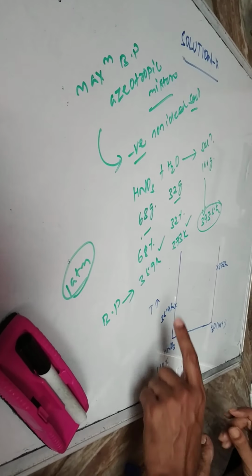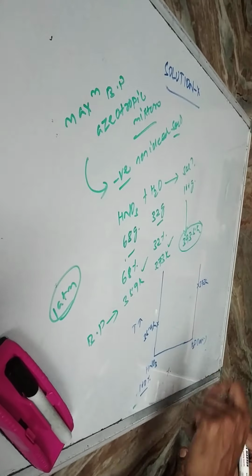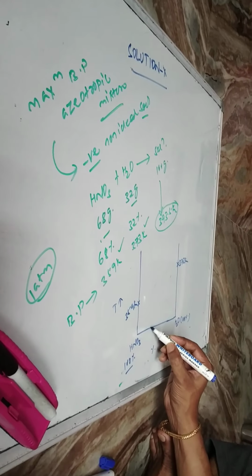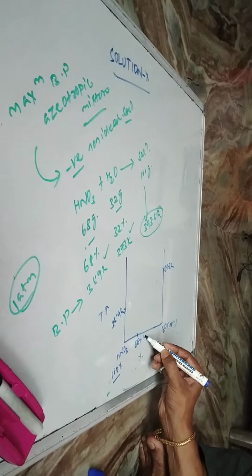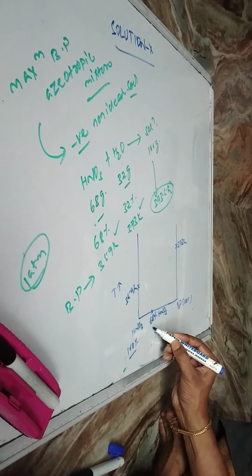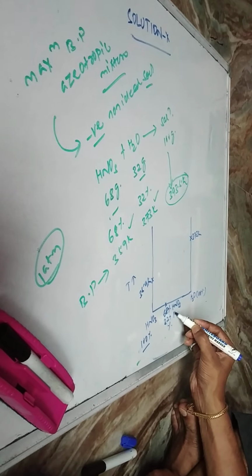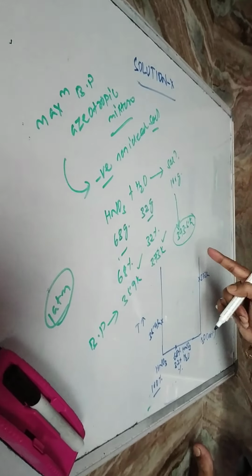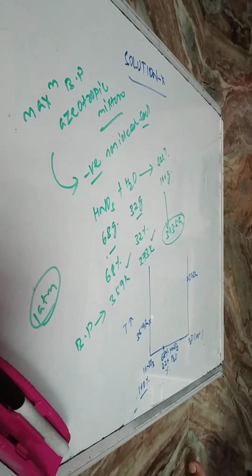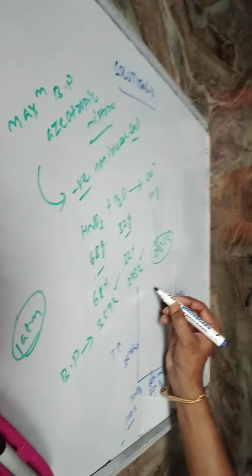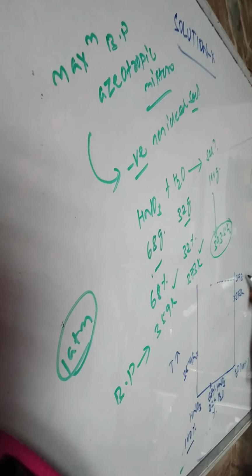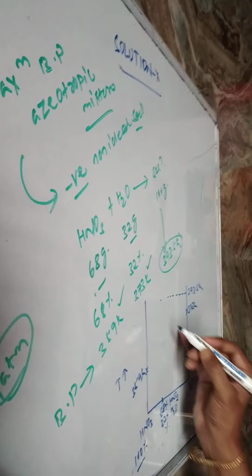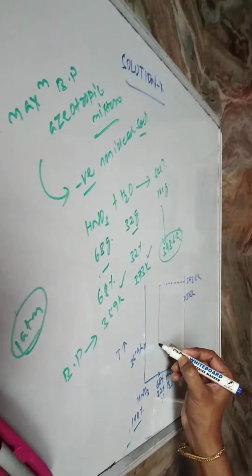We are mixing in the ratio of 68:32 by mass. Let's say this is the point. Here the nitric acid is 68%, so the water will be 32%, and the boiling point of this solution is 393.5 Kelvin. So this is the solution we are preparing.